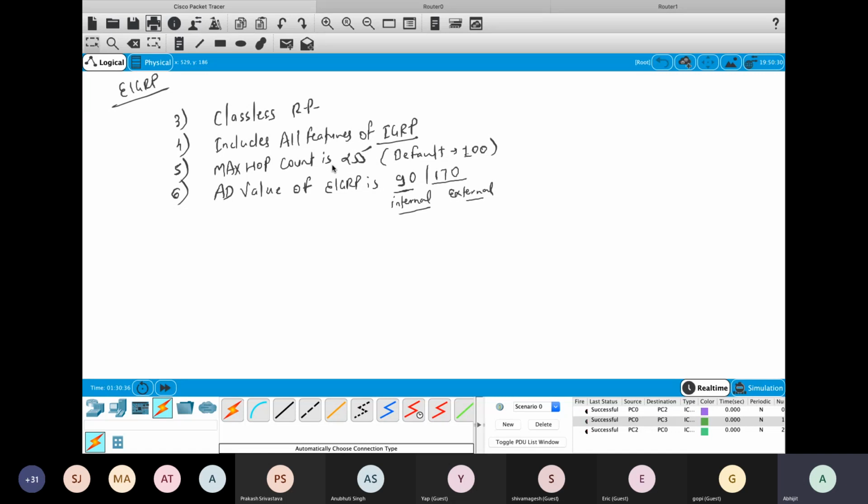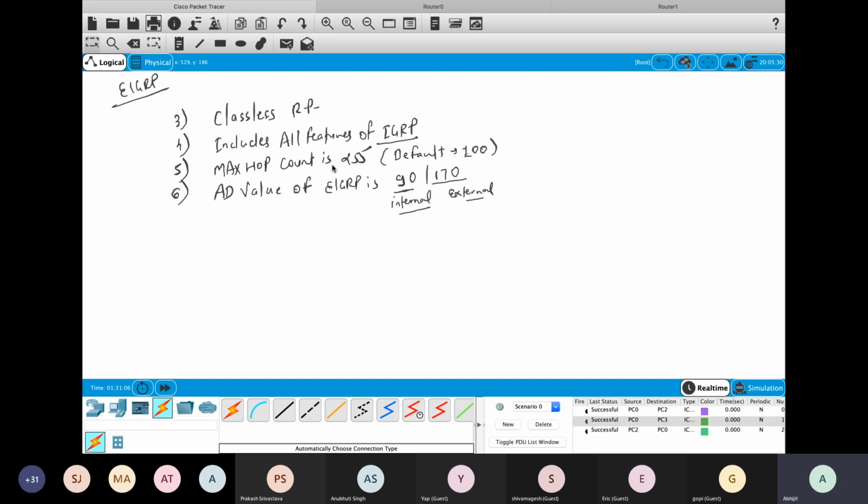Whenever you exchange routes within one organization, you call those routes internal routes. The subnet might be different, but if you import the routes of some other organization, or some other building inside your primary building, then those routes will be considered external routes, and EIGRP treats them differently.